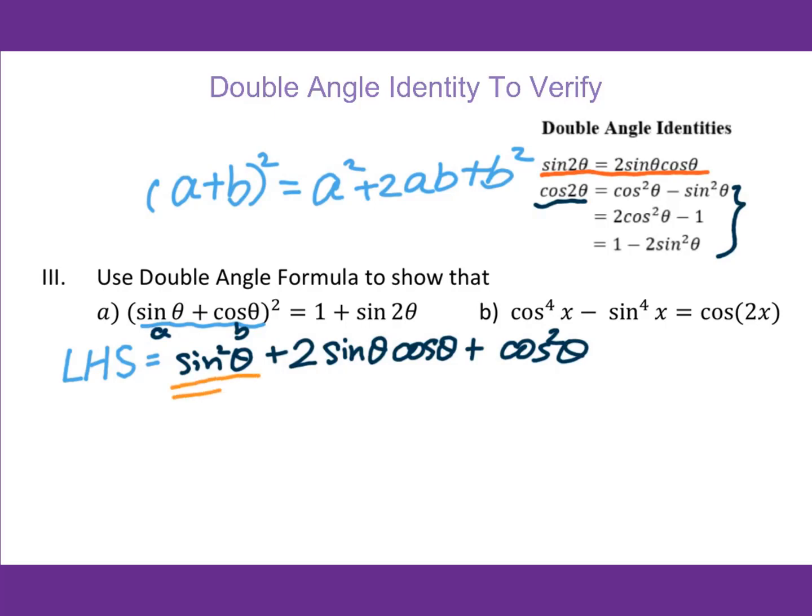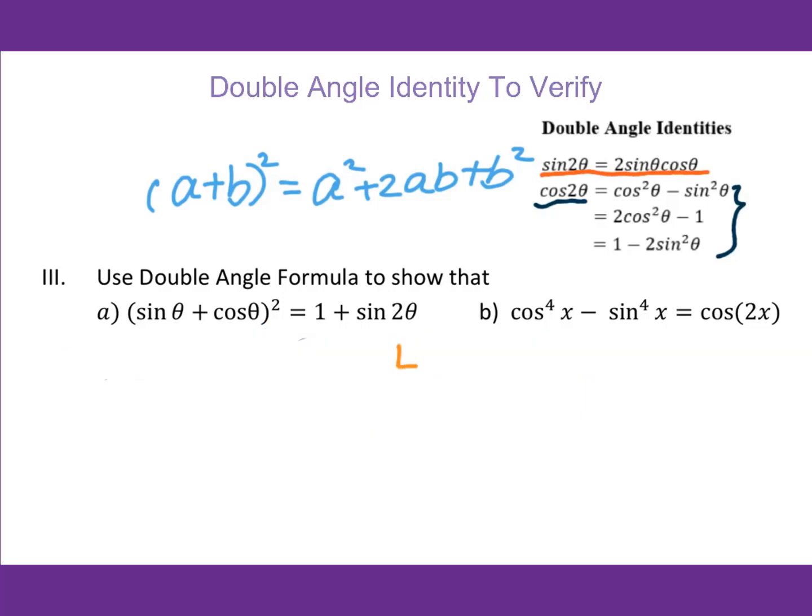We know sine squared theta plus cosine squared theta is 1, plus 2 sine theta cosine theta, that's sine 2 theta. That's the right hand side.